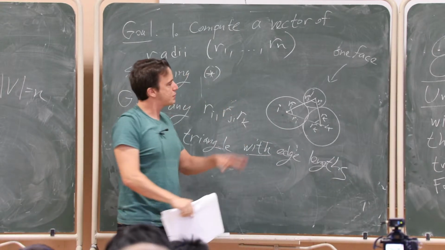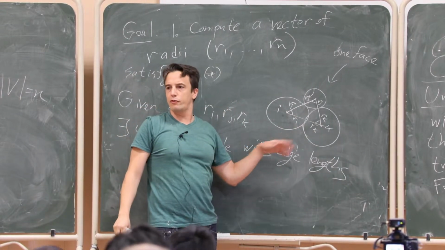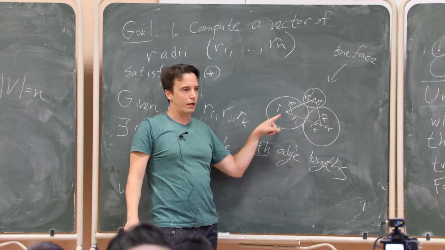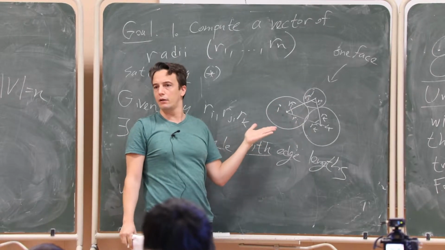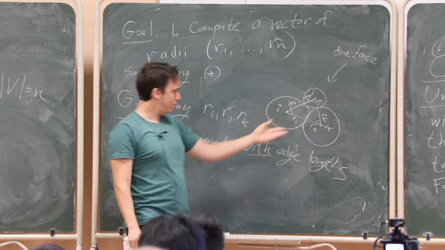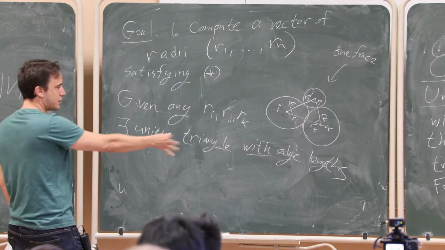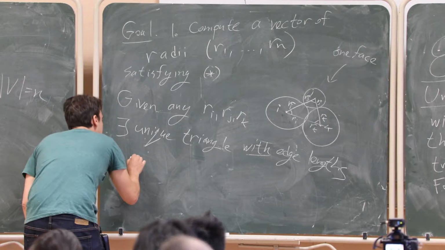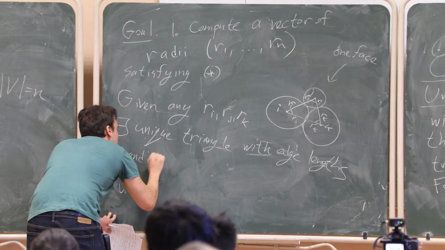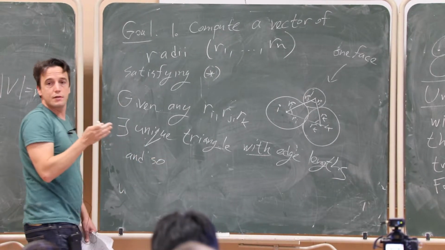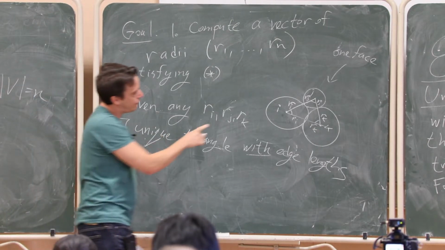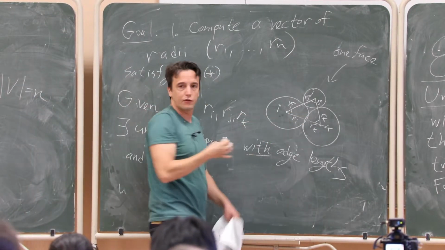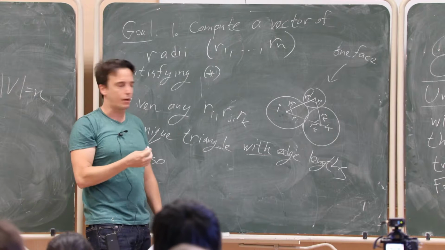The only thing we have to observe is that these three edge lengths satisfy the triangle inequality, and hence there is a triangle satisfying this. There exists a unique triangle with these edge lengths, and so the angles at the vertices i, j, and k are determined uniquely by these three numbers.